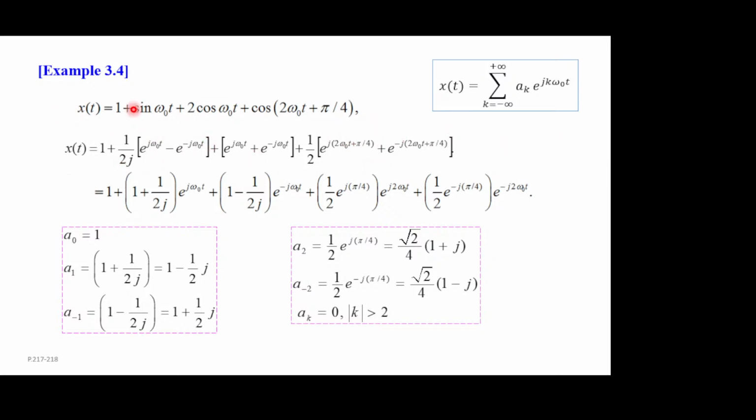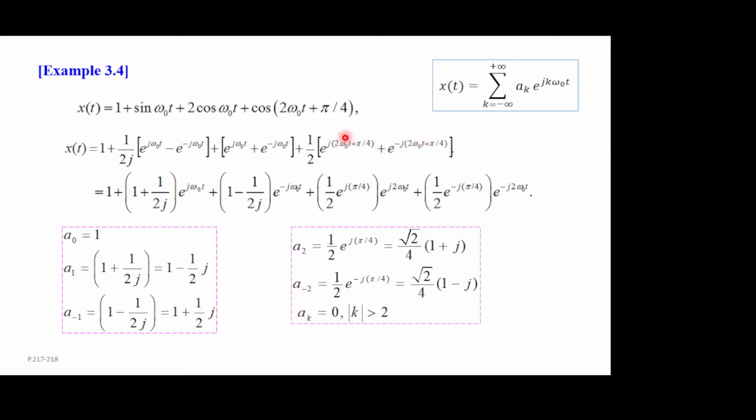Now remember we want to express x of t as this summation of ak e to the jk omega naught t. So we need to group all the terms with the same k together. Looking through, we have k equal to +1 here and k equal to +1 here. Those two you need to group together, and you have the coefficient 1 plus 1/2j. And you have k equal to -1 here and k equal to -1 here, and together you have this coefficient.